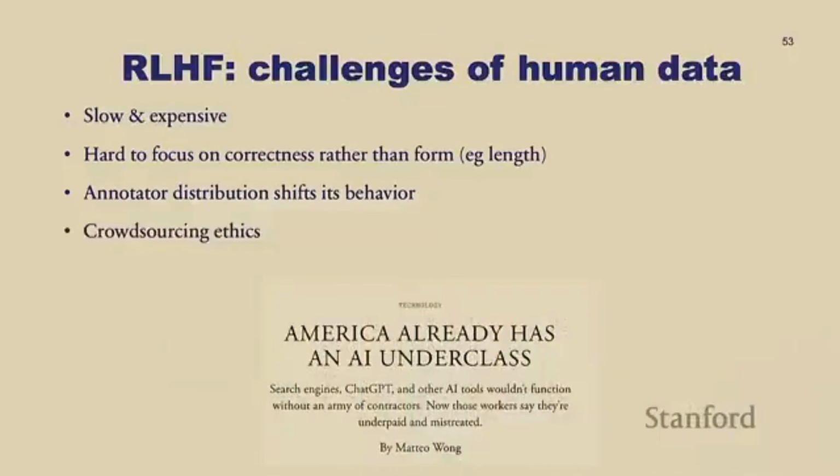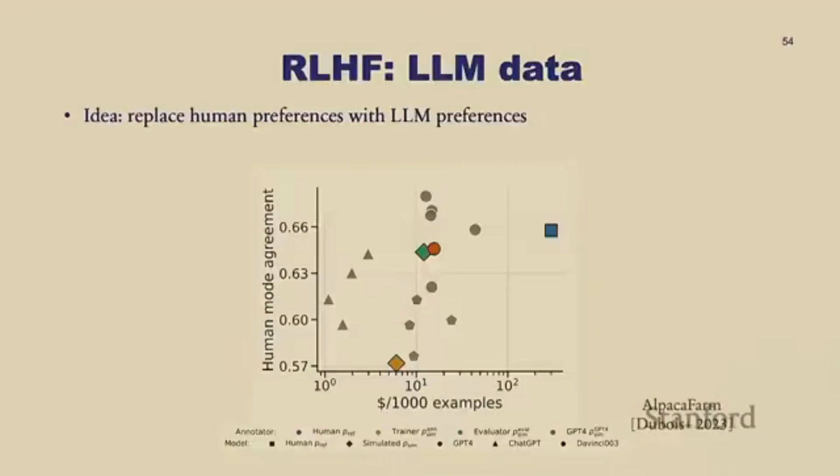Another question is crowdsourcing ethics. A lot of the labeling is done by people who are not paid well, and they have to go through a lot of toxic data, because you want the model to avoid saying toxic things. So many challenges with human data.